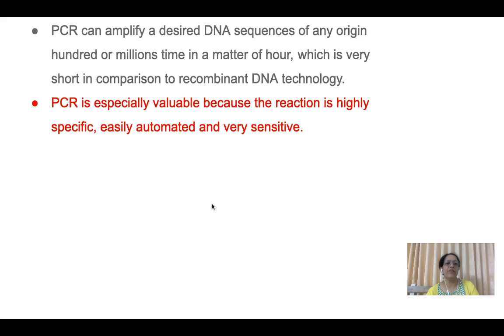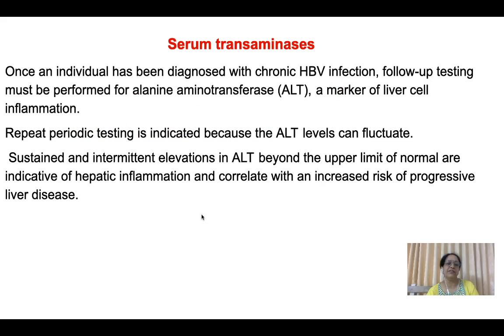PCR can amplify a desired DNA sequence of a new region a hundred or million times in a matter of an hour, which is very short in comparison to recombinant DNA technology. PCR is especially valuable because the reaction is highly specific, easily automated, and very sensitive.